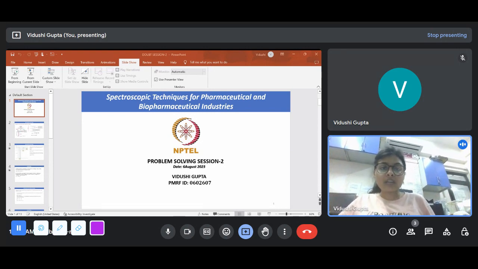Like in hydrogen, the energies that are allowed are minus 13.6 electron volt, minus 3.4 electron volt, minus 1.5 electron volt, and so on. Suppose these are the different energy levels.